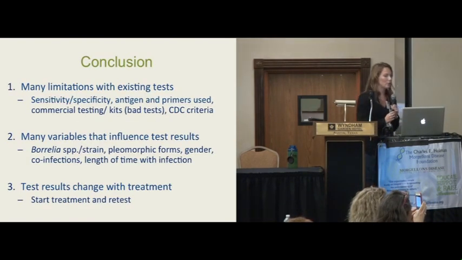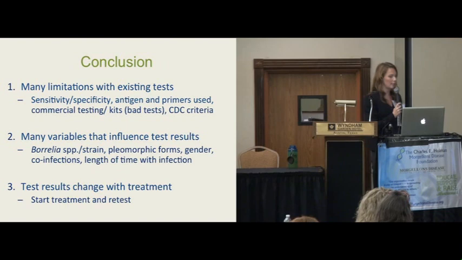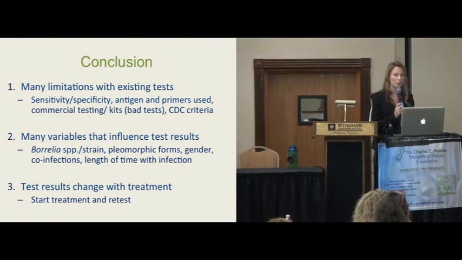So in conclusion, there are many limitations with the existing tests. Again, sensitivity and specificity: we've learned that most tests available for Lyme disease are poorly sensitive. It depends on the antigen and primers being used. We talked about all the different Borrelia species, all the different strains out there.